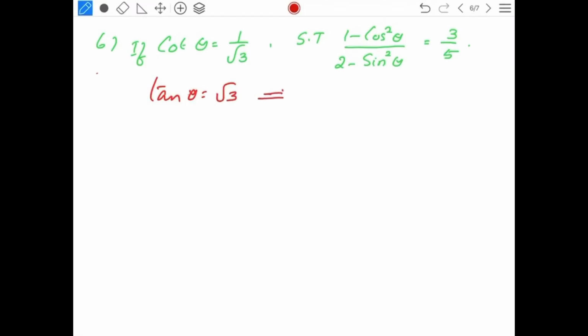So from this you can find the value of theta. So theta is equal to 60 degrees. Tan 60 degrees is equal to root 3.